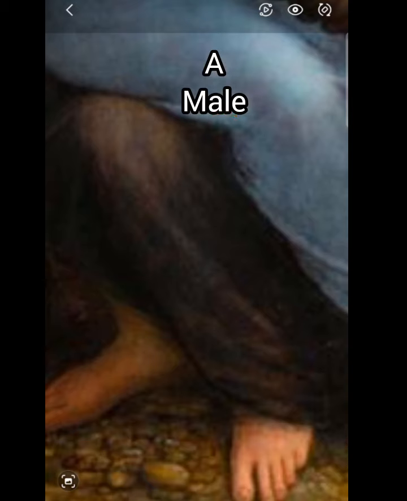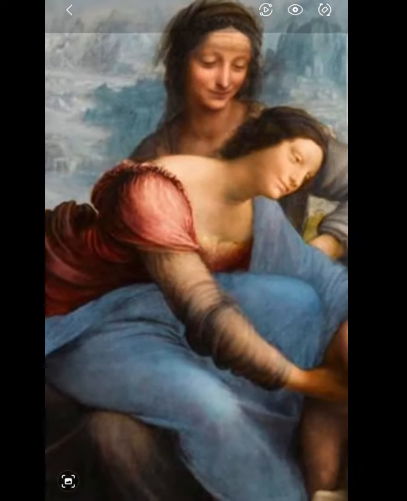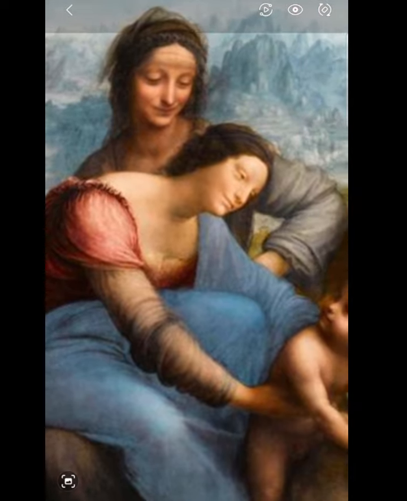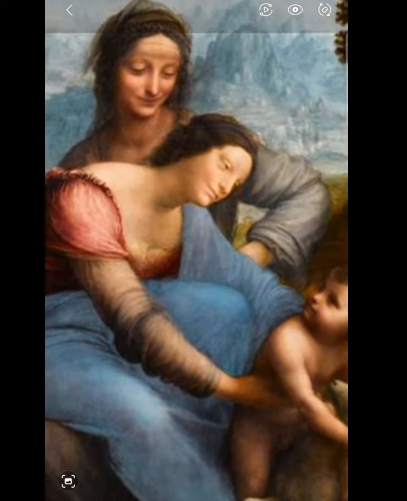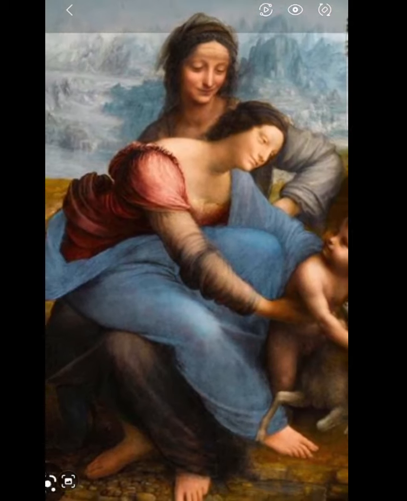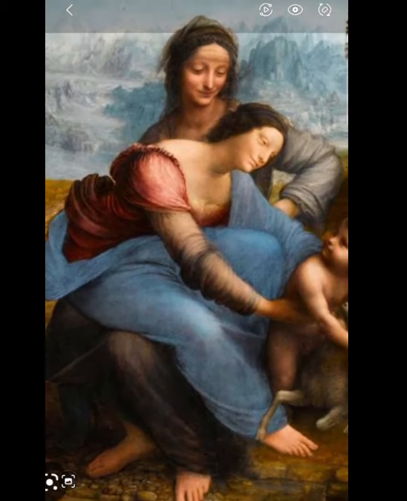You see the clothing, the black linen that he's wearing. It's not a female. And then you see the gray, the black and the gray. And you see that Mary Magdalene is wearing the red and the blue.